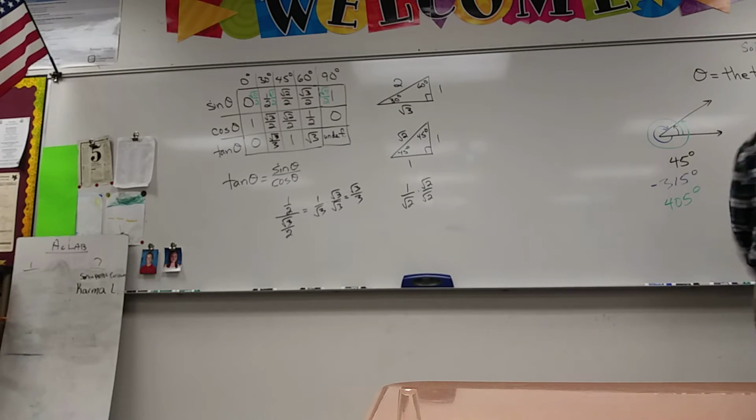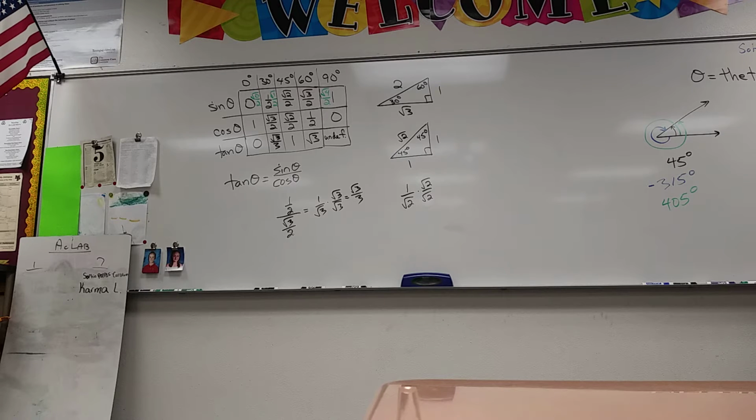Now here's something interesting about the angles. Did we use the same angle every time? No. We did use the same initial side and the same terminal side, but they were different angles.